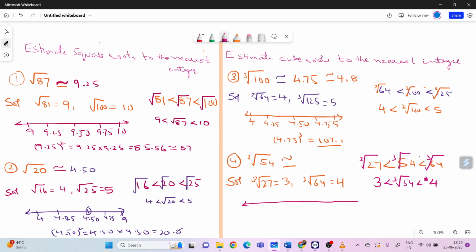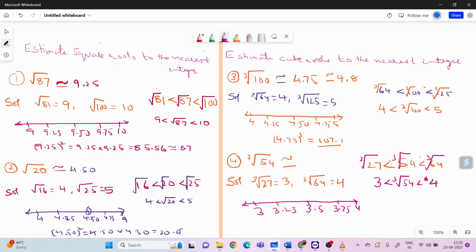So draw the scale. So this is 3, this is 3.25, this is 3.5, this is 3.75, this is 4. It lies between these. So 54 is close to 64.